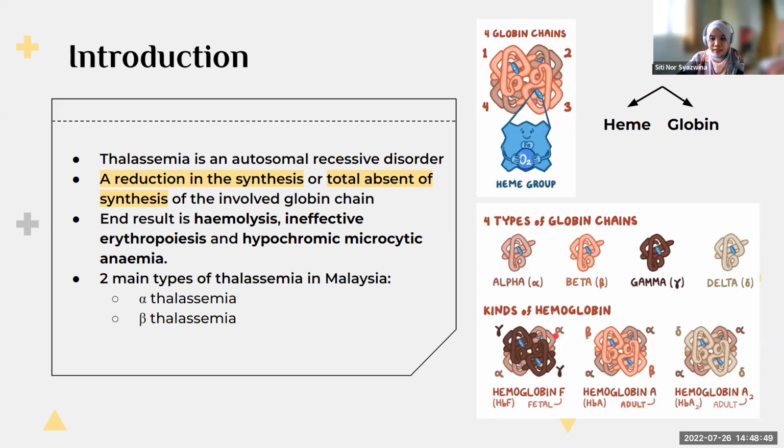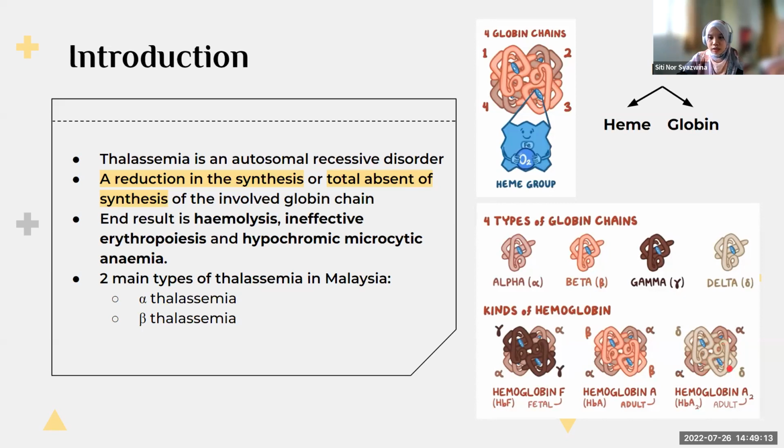For example, in hemoglobin F, we have 2 alpha and 2 gamma. In hemoglobin A, which is the most common hemoglobin in adults, it is made up of 2 alpha and 2 beta.